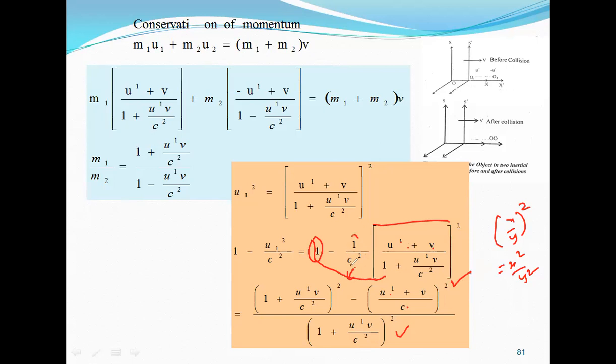When I do this, I get back 1 by c square, (u1 plus v) whole square. So this is clear, I guess. This term is also clear. Any doubts?